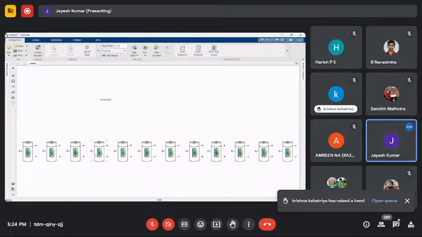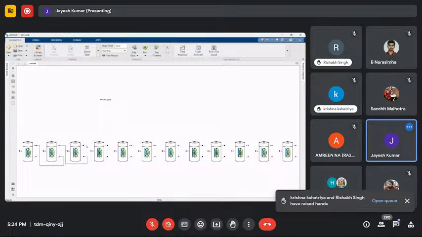Okay. So now it's time to make the connections for all the batteries, positive to negative.